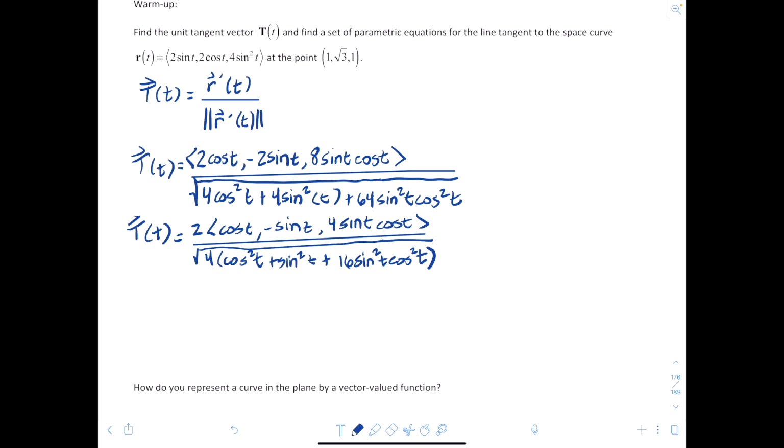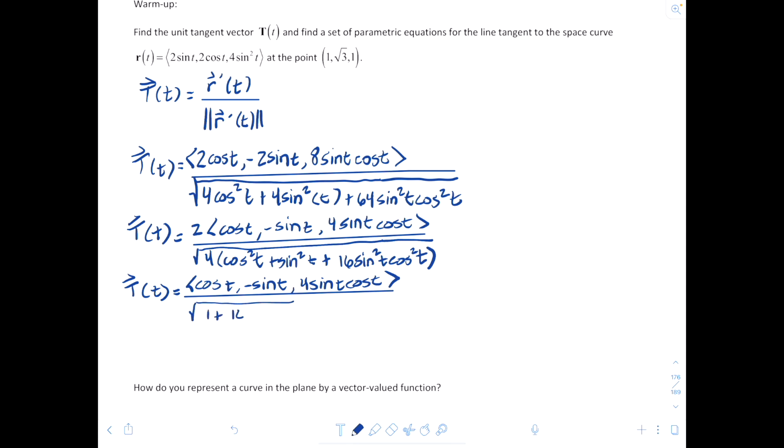So we will get the unit vector at t will be equal to cosine at t, negative sine at t, and then 4 times sine at t times cosine at t, all over the square root of 1 plus 16 sine squared at t times cosine squared at t, because the cosine squared at t plus sine squared at t will just be 1.